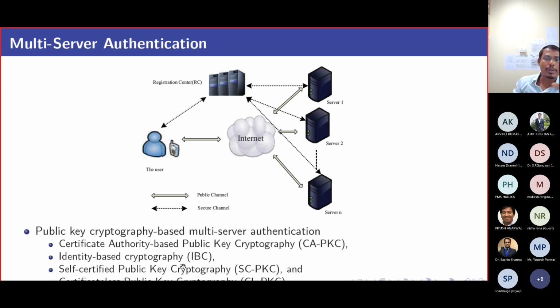In this case, no other third party is involved. And in certificate-less public key cryptography, here also, like IBC, a certificate is not required. And I'll tell you why certificate-less public key cryptography is important. Though we have another cryptosystem called the identity-based cryptosystem.